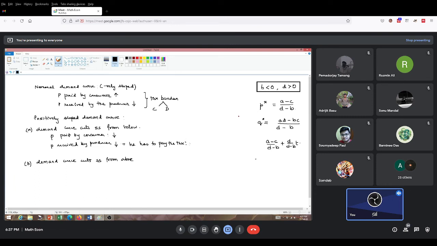So the entire burden falls on the producer. In fact, he has to bear a greater burden. His actual burden is greater than the tax. And if you're talking about the consumer, not only does he not share the burden, but now he is actually gaining.